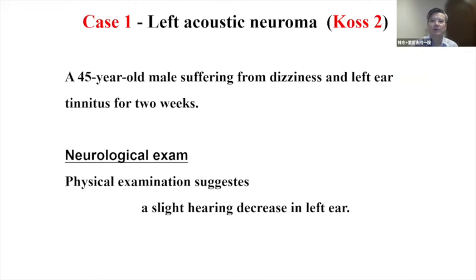Benefits of the procedure include safe operation under direct vision, radical resection of the tumor, protection of facial and cochlear nerve functions, and long-term control of the tumor. Its potential risks include cranial nerve injuries, hearing loss, and intracranial infections.